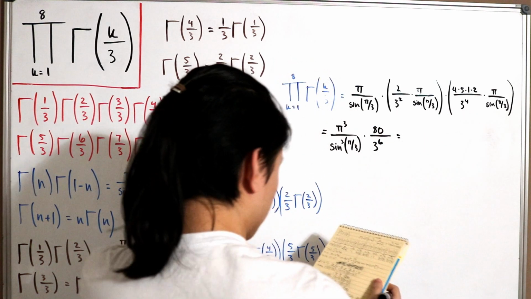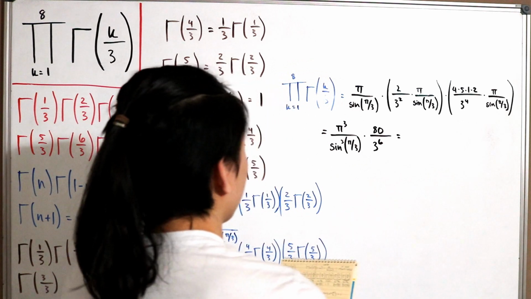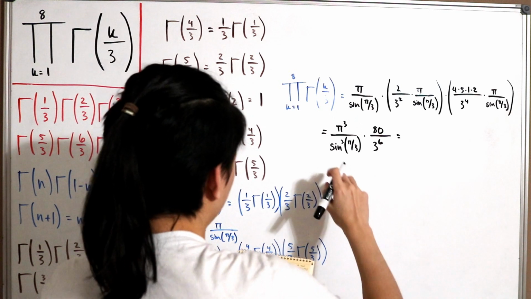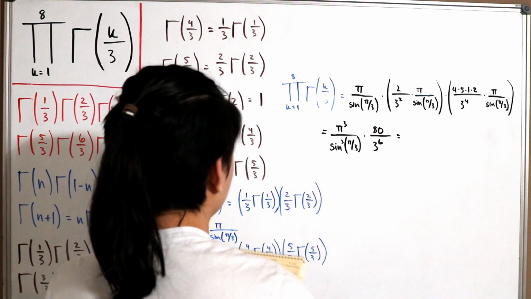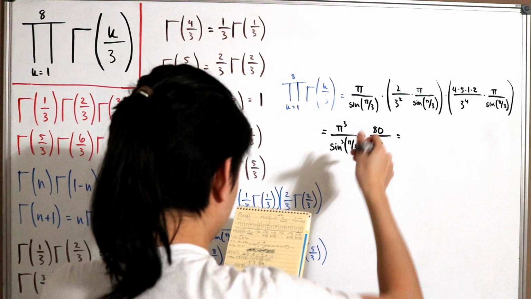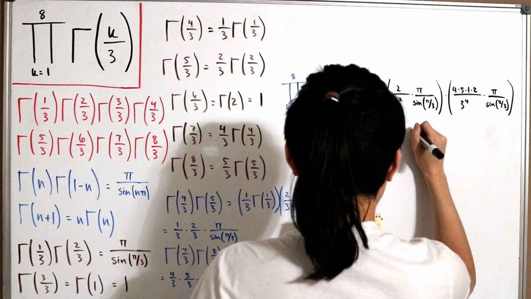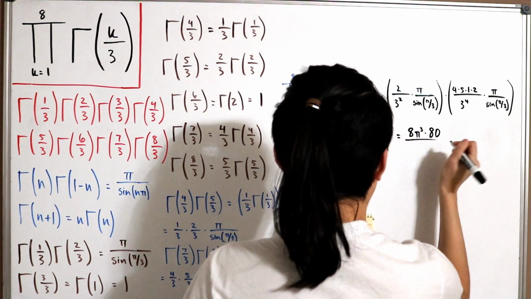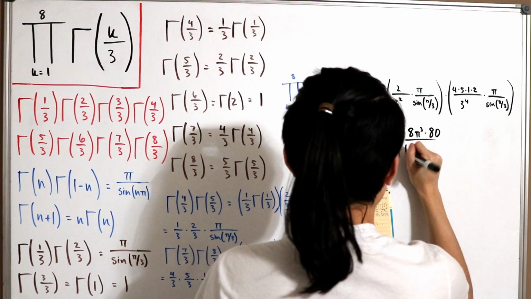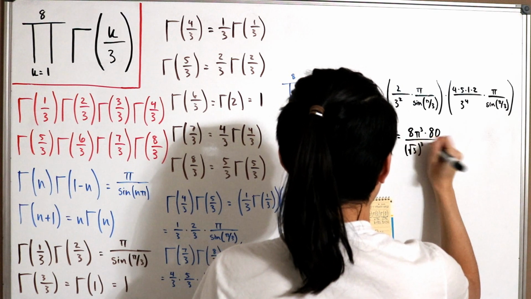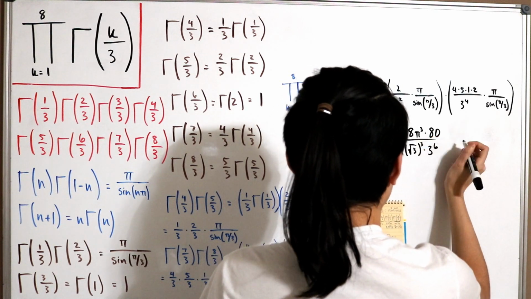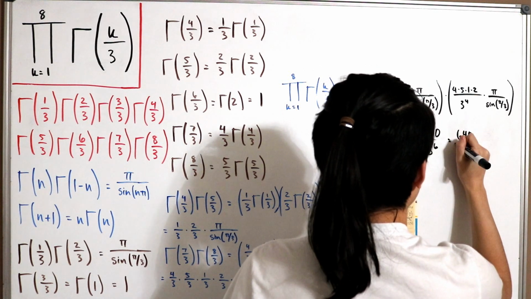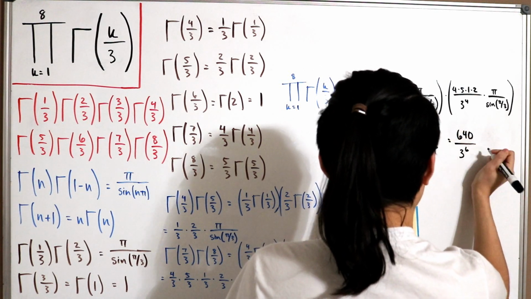To simplify this even further, we know that sine of pi over 3 is equal to the square root of 3 divided by 2. If we cube that and flip the reciprocal, we would have 8 times pi cubed times 80, divided by the square root of 3, cubed, then multiplied by 3 to the power 6. Further simplifying, this will be 640 divided by 3 to the power 6.